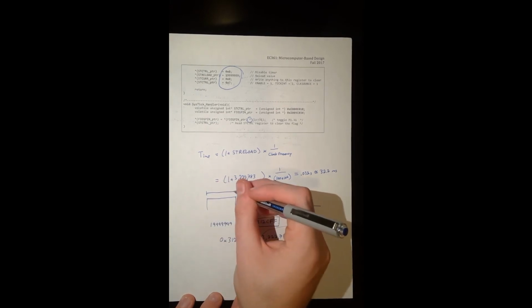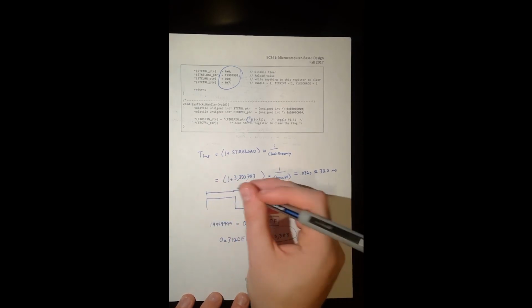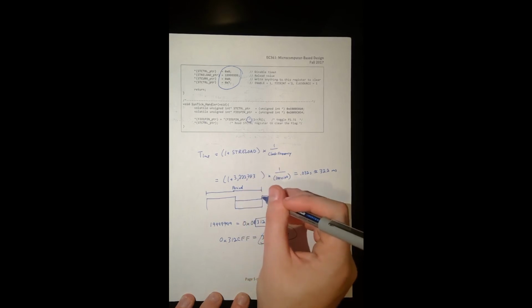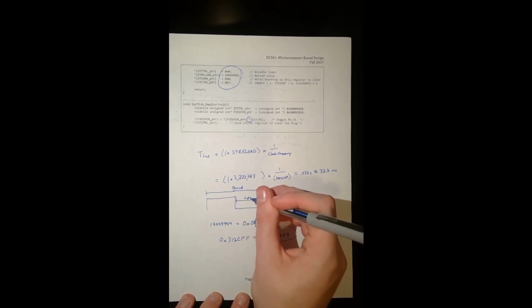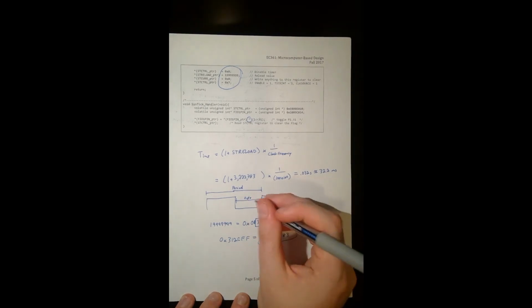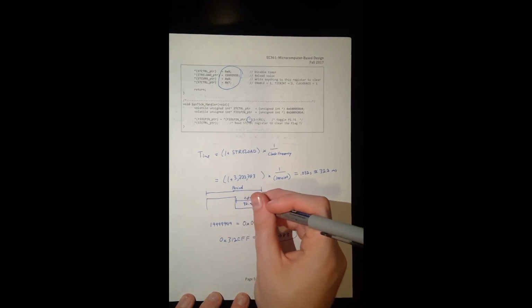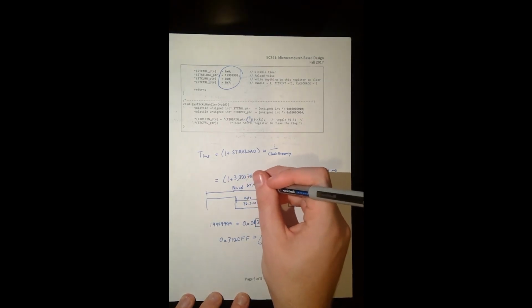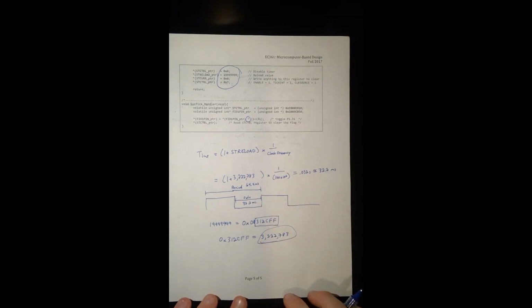If we draw the period and duty cycle here, we'd have a 50% duty cycle, but it would be at 32.2 milliseconds, and then this would be 64.4 milliseconds for the period.